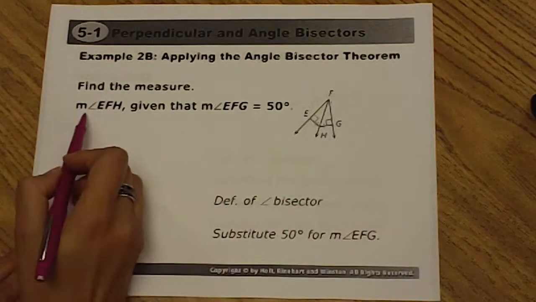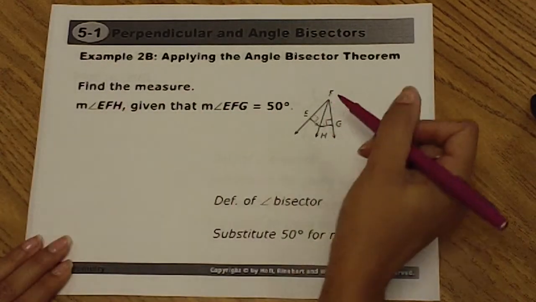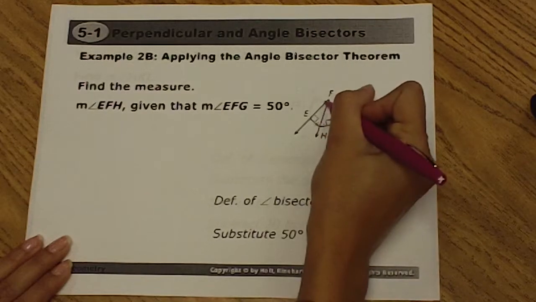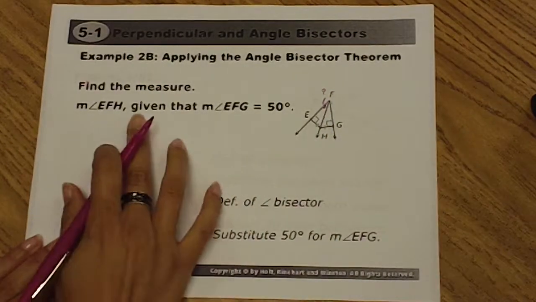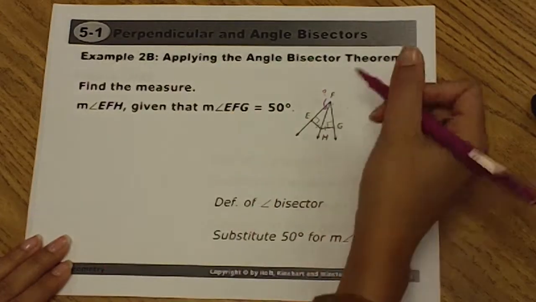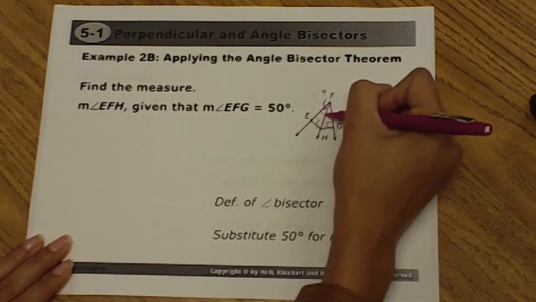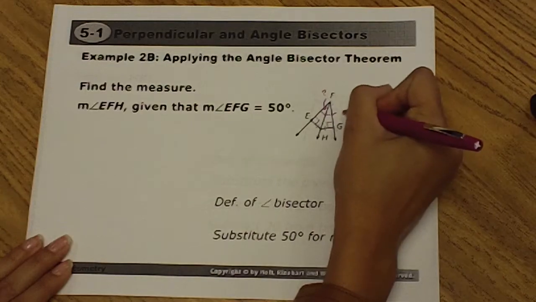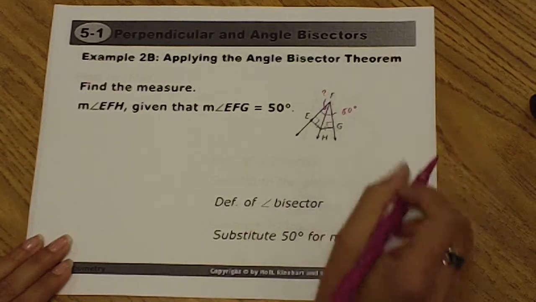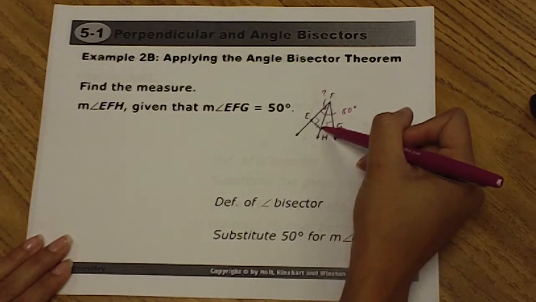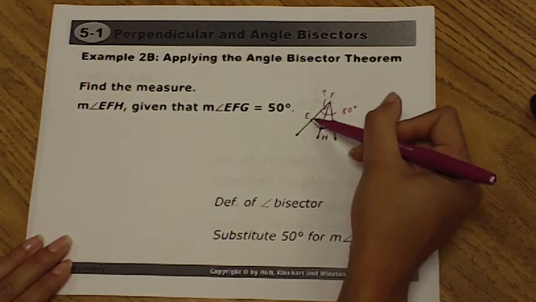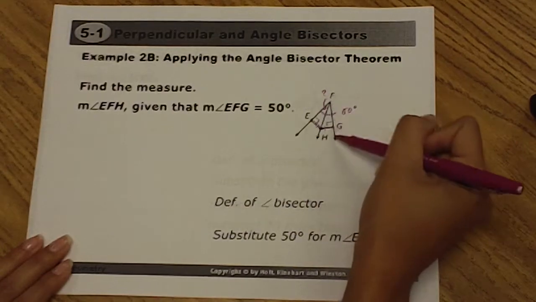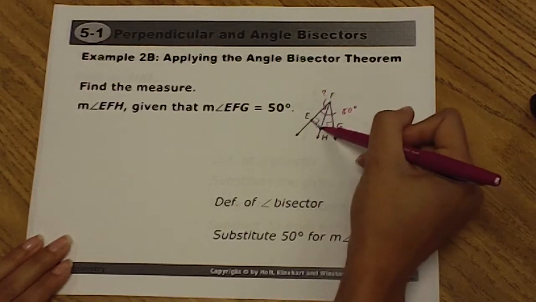Alright, next one, we have to find the measure of EFH. EFH, so this angle in here is what we're looking for. And we're given that EFG, this entire angle here, is 50 degrees. I have that this point on this ray here is the same distance to both of those rays that make up the original angle.